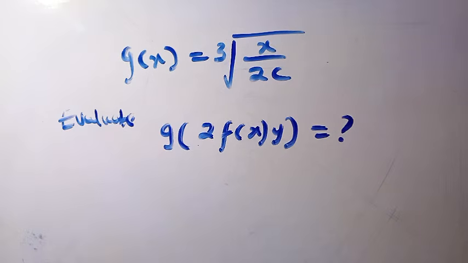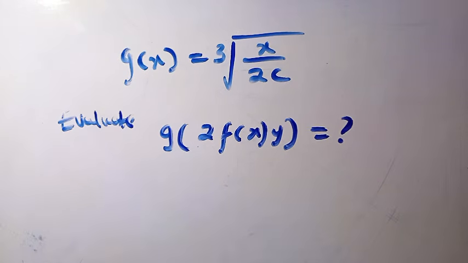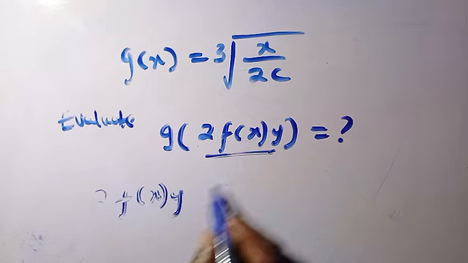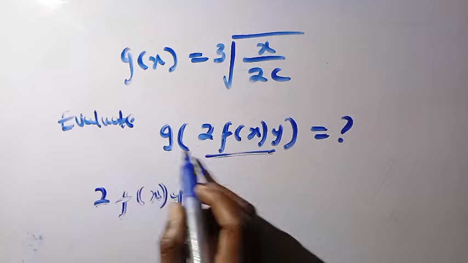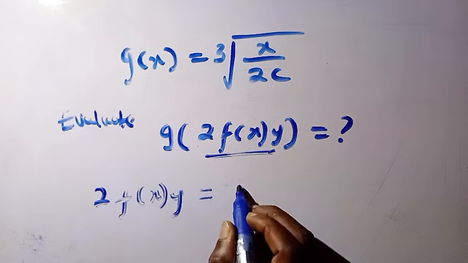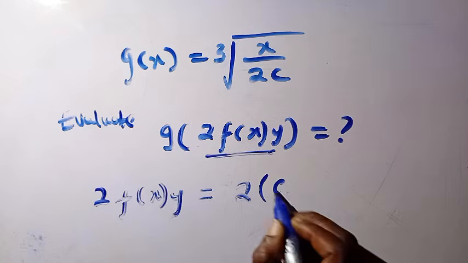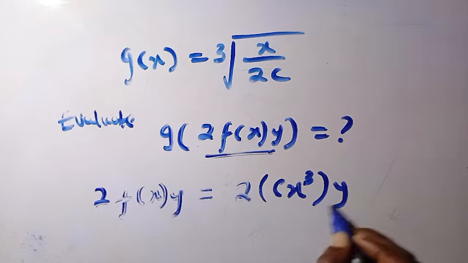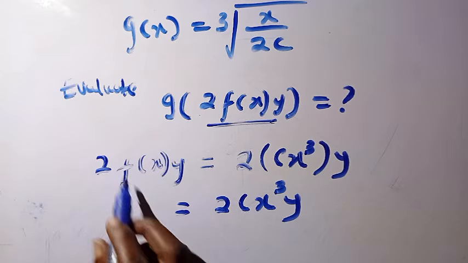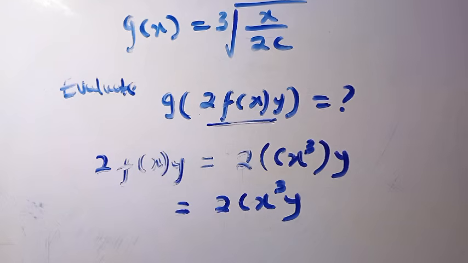To achieve this, suppose I consider 2f(xy) inside the function g, and looking at f of x that we got above, f of x is cx raised to the power of 3. So we have 2 bracket cx raised to power of 3, then multiplied by y, and the whole of this gives us 2cx cubed y, which is 2f(xy).